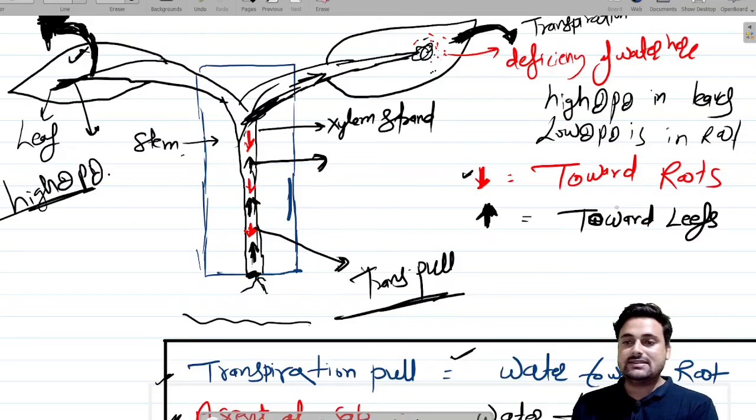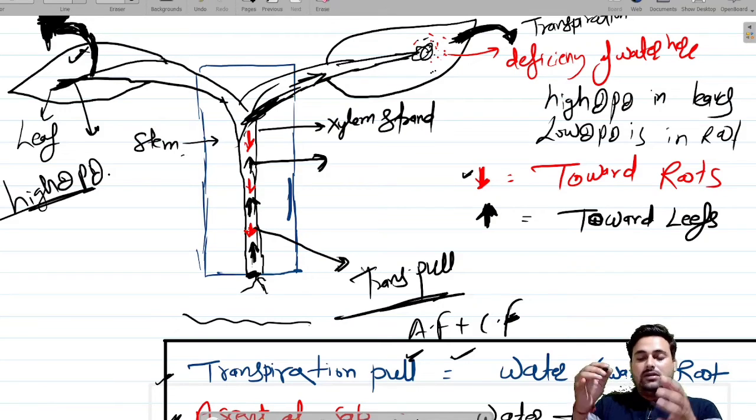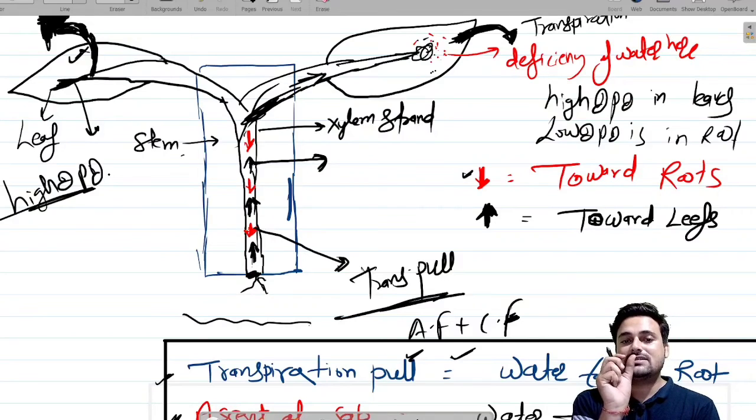Okay, so this is all, and your ascent of sap is nothing but all three forces: transpiration pull force, adhesive force, and cohesive force. There will be a continuous water column like this.